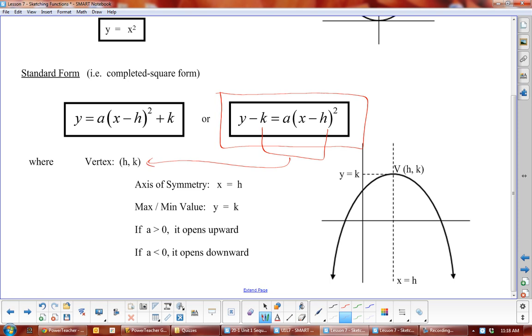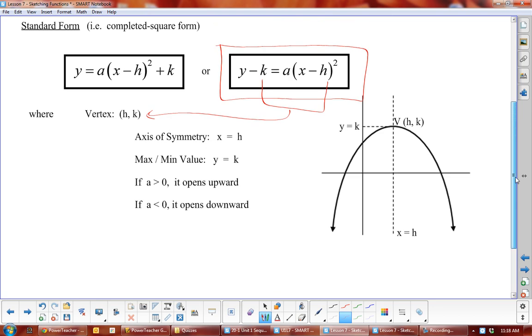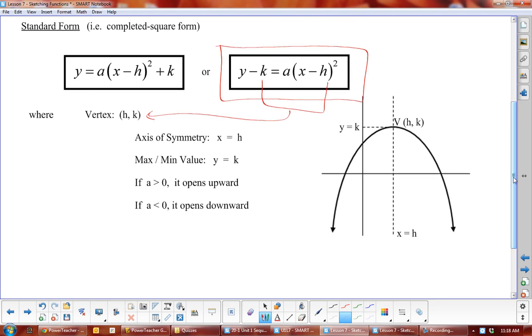The axis of symmetry will always be the x value, so x equals h. The max or min, the maximum value, will come from the y. So it's either the very bottom y or the very top. If a is positive, it opens upward, and if a is negative, it opens downward.